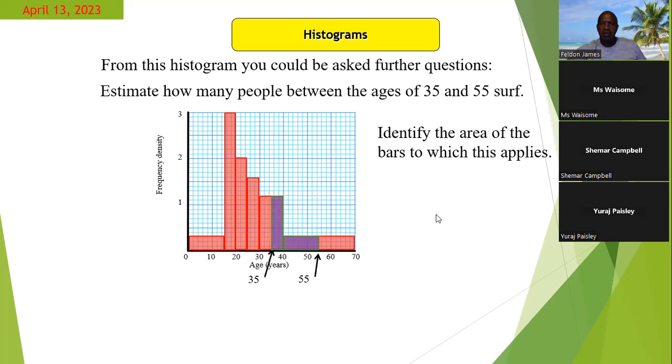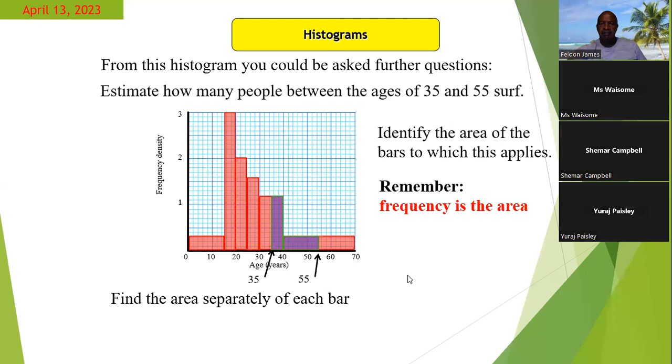So you get those bars. Remember that the frequency is the area. Find the area separately of each bar. So you multiply area times frequency for each bar.